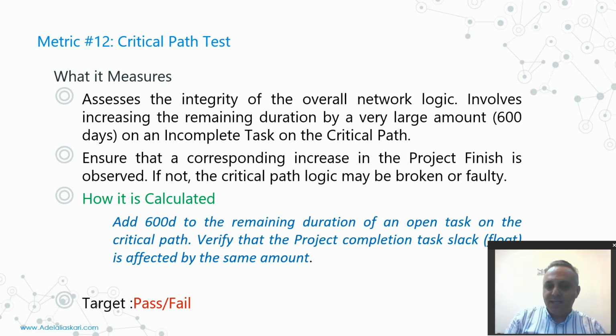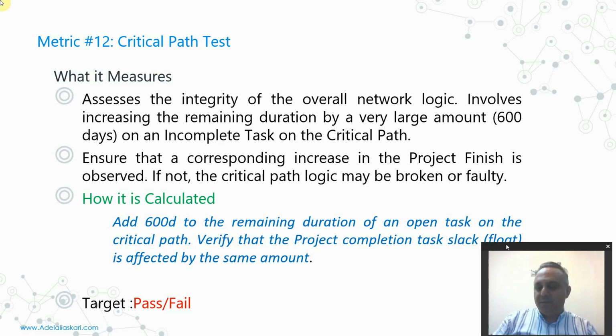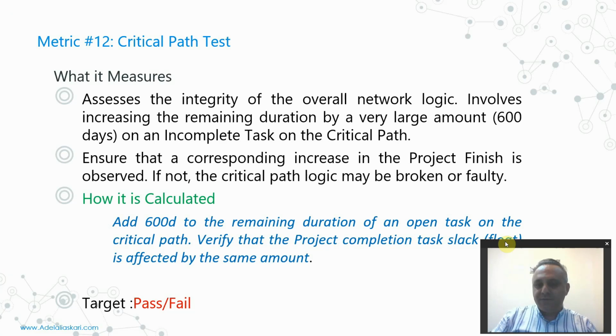The test is done by this: add 600 days to the remaining duration of an open task on the critical path and verify that the project completion date or the slack or float is affected by the same amount. It means you have to find one of the non-completed activities in your critical path, add 600 days to its remaining duration, and check whether the project's finish date is affected by the same amount or not.